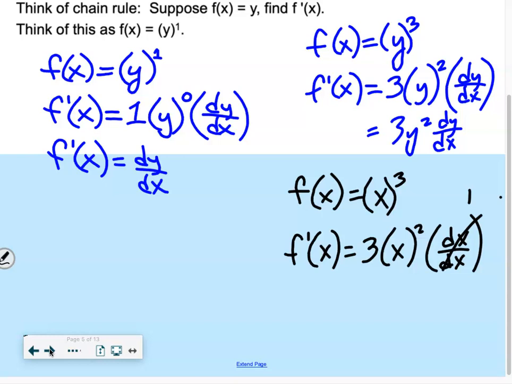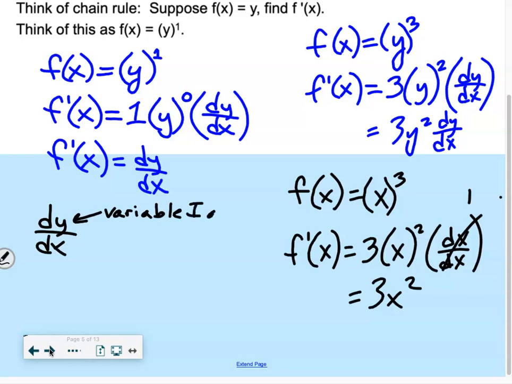So, yes? Is the bottom number the one you have to respect to? Yes, yes. So this would just be 3x squared. So let's just write this. This is the variable I am differentiating. Sorry, it's big words, but there's really no good way to avoid it.